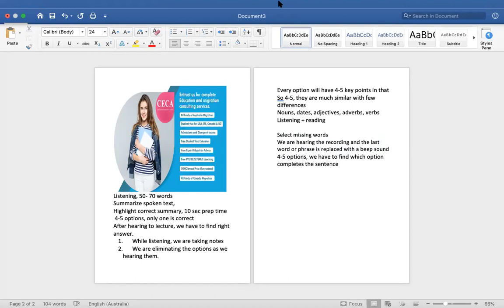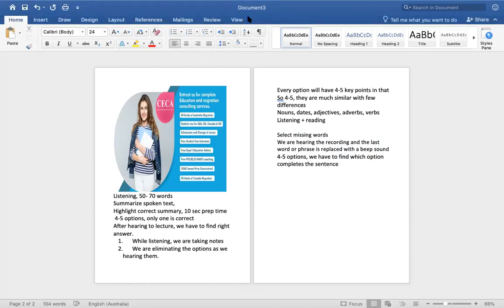According to the sense of the sentence, you pick the option. Maybe a word is replaced by a beep, or maybe a phrase. Out of the given 4-5 options, we have to find which one completes the sentence and needs to be there in place of the beep sound. This is the item type we call select missing word.